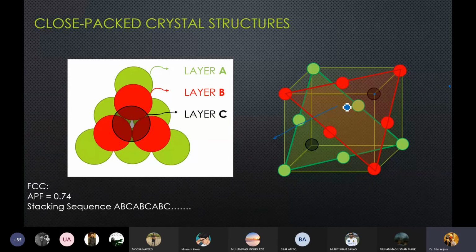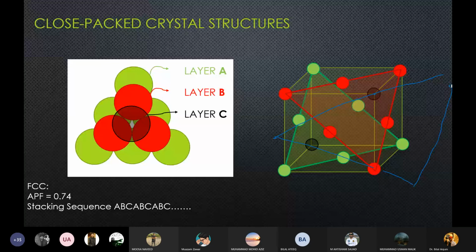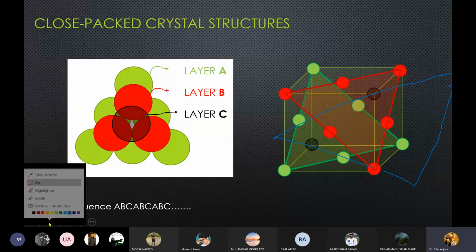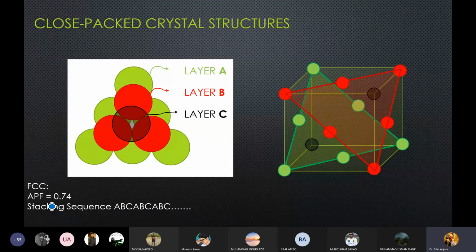This would form layer C, but since we are sticking to one unit cell, I'll not be able to draw the complete plane for layer C.